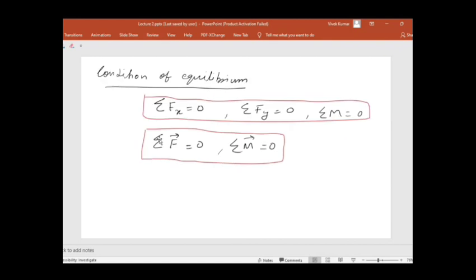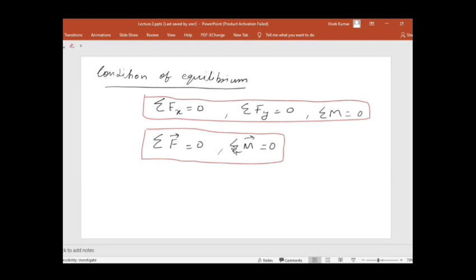Now what are the conditions of equilibrium? Any body will remain in equilibrium if and only if sigma Fx is 0, sigma Fy is 0 and sigma M is also 0. What does it indicate? That in general terms, if we have to write the equations of equilibrium, then summation of all the forces must be equal to 0 and summation of all the moments must be equal to 0.